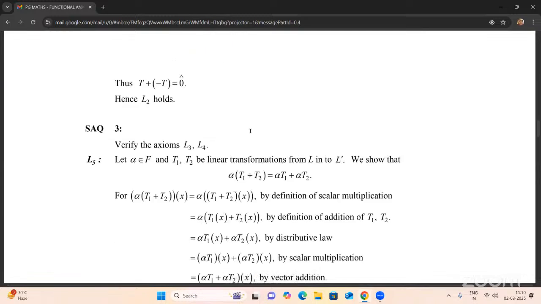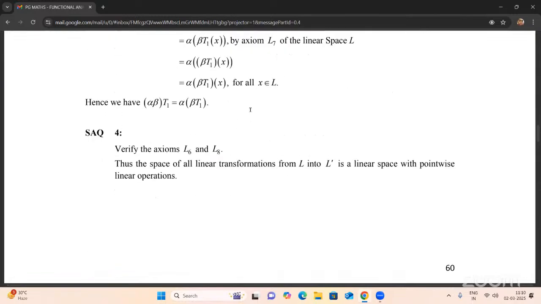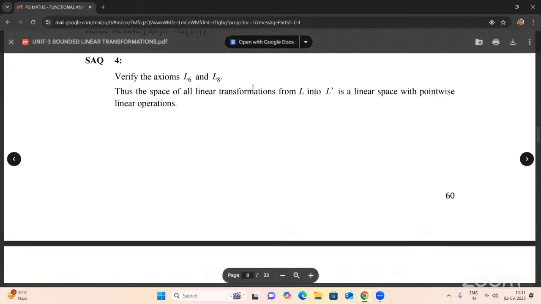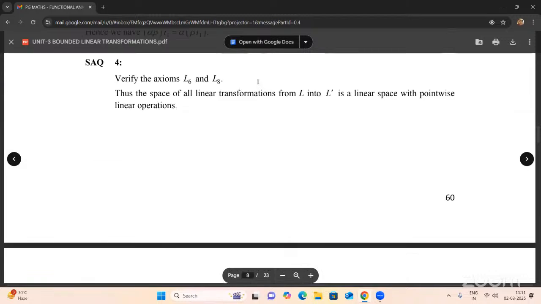Then continue to verify L1, L2, L3, L4, L5, L6, L7, L8. These are all mentioned from the beginning of this part for satisfying the linear space condition. Okay. Now at the same time, N1, N2, N3 conditions are also verified. Then automatically that is also a normed linear space.